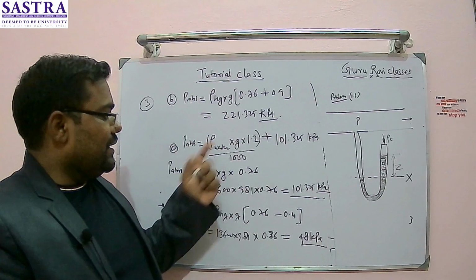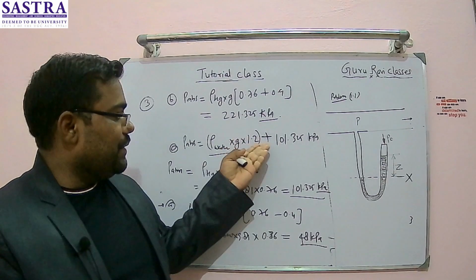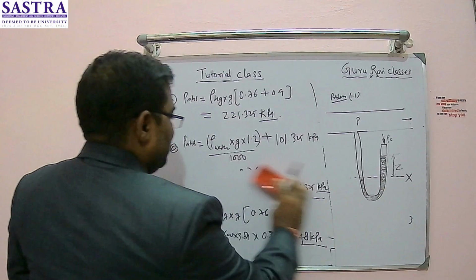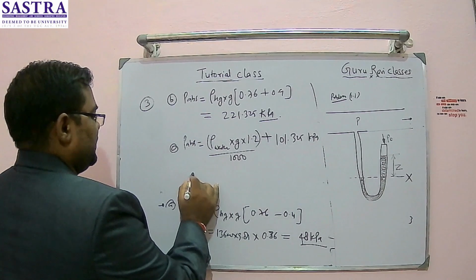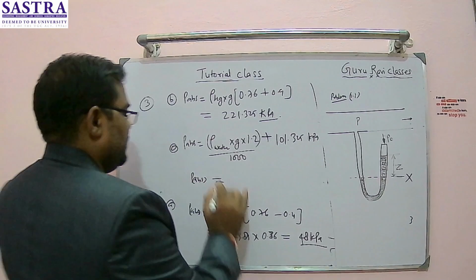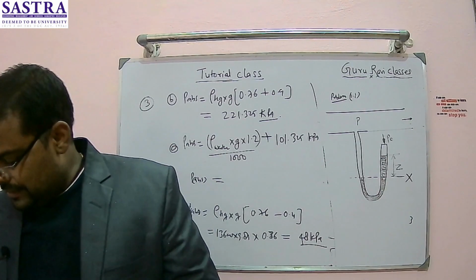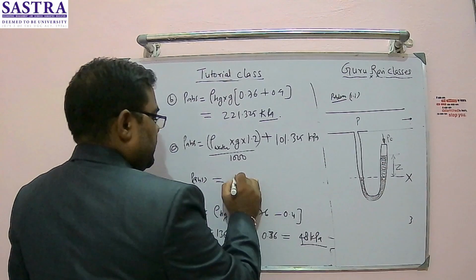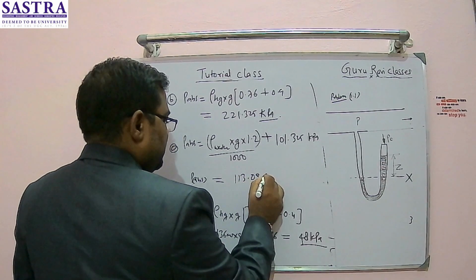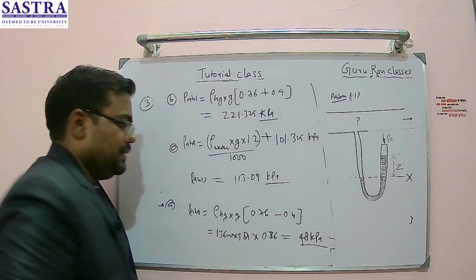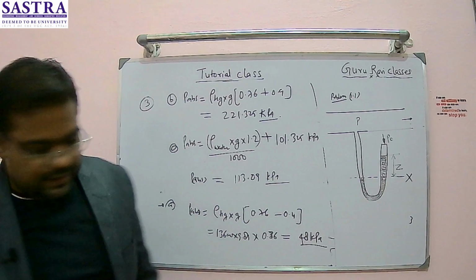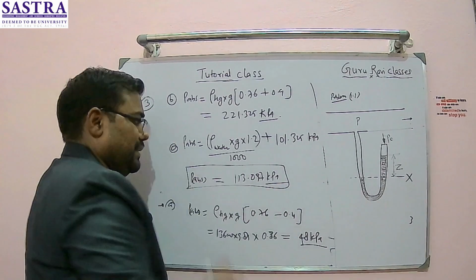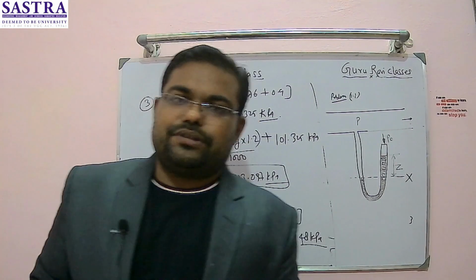Clear? So the density of water is 1000, g into 1.2, and if you add this value, you will get the part C answer in absolute pressure, which is coming around 113.097 kilopascal. So this is the absolute pressure in the case of 1.2 meter of H2O.